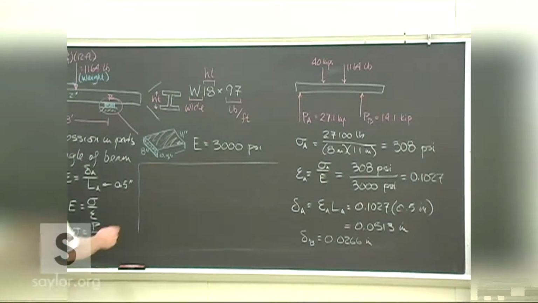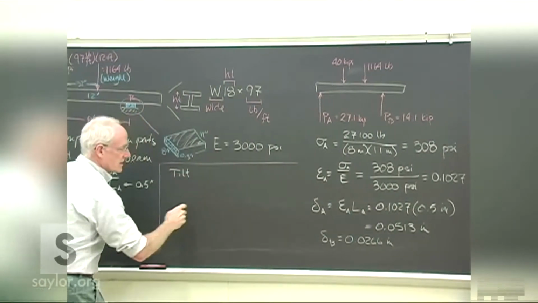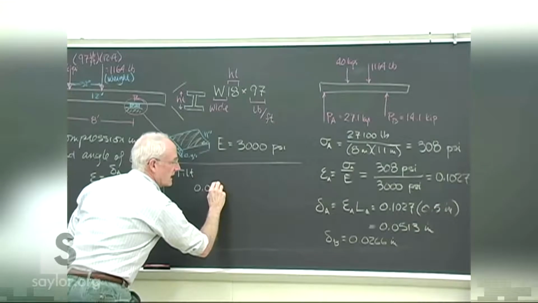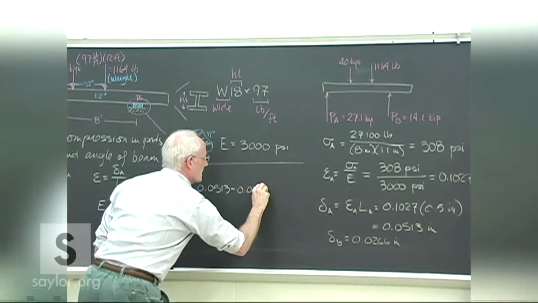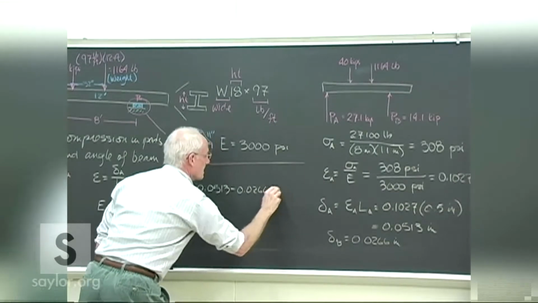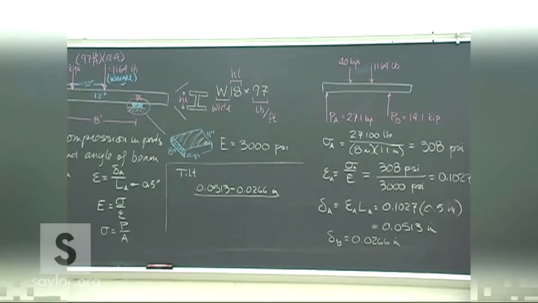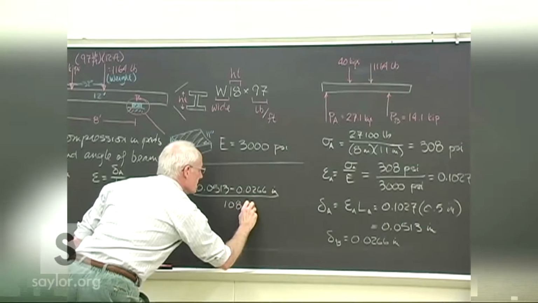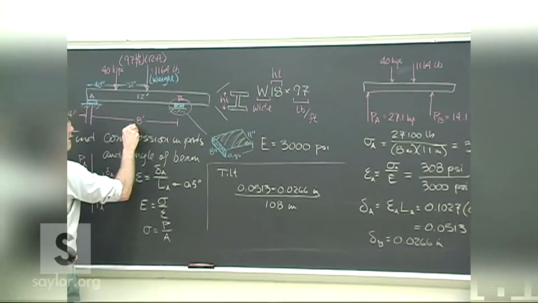And then the tilt of the beam, we can just use those two. The difference of those two, I guess, divided by the entire length between the two, which is 108 inches. That's the 8 feet.